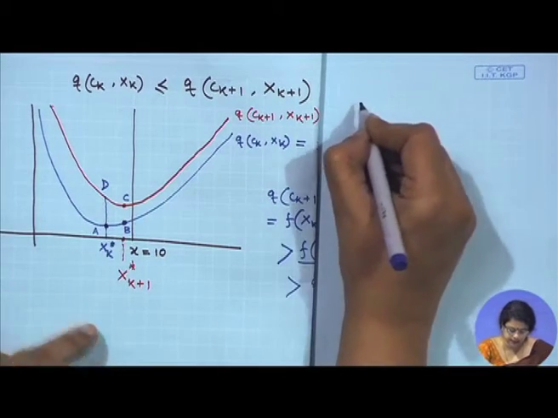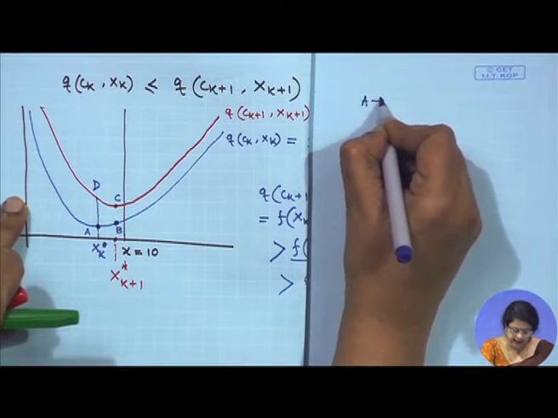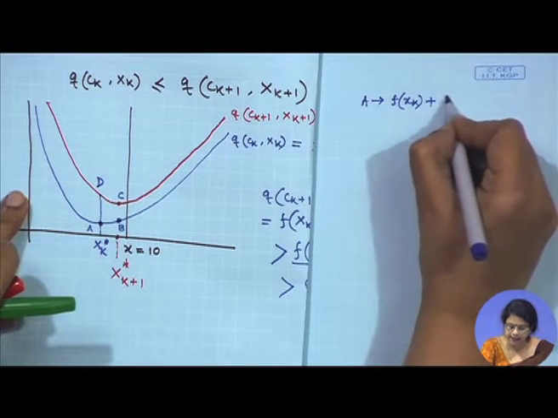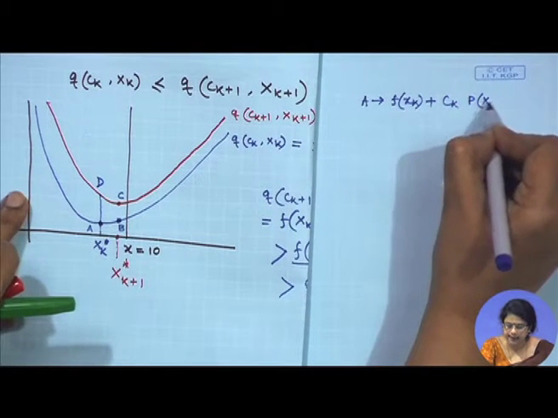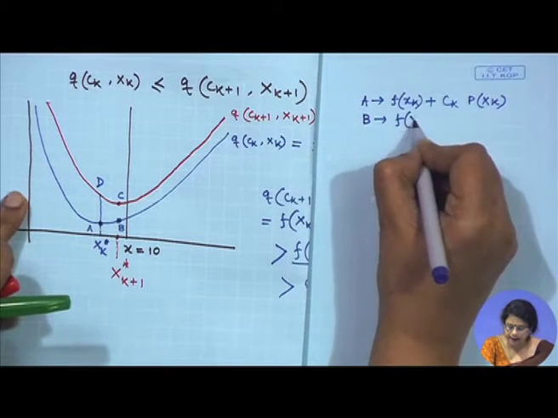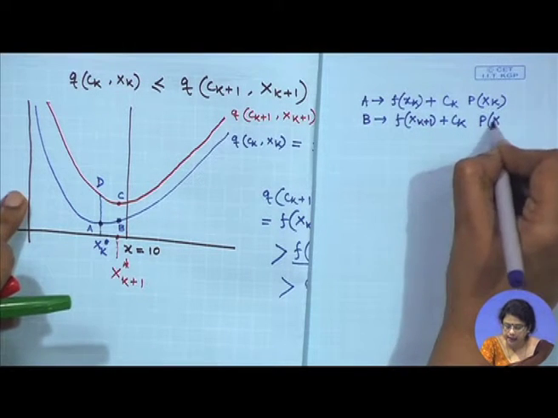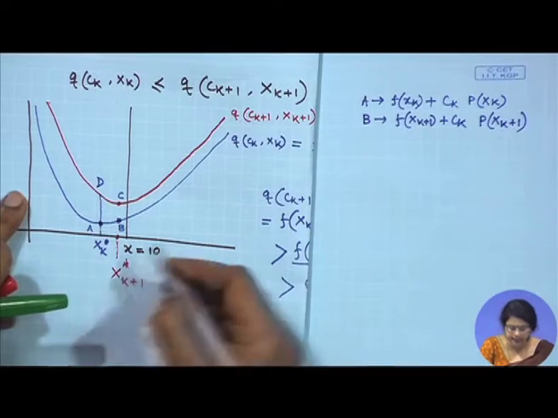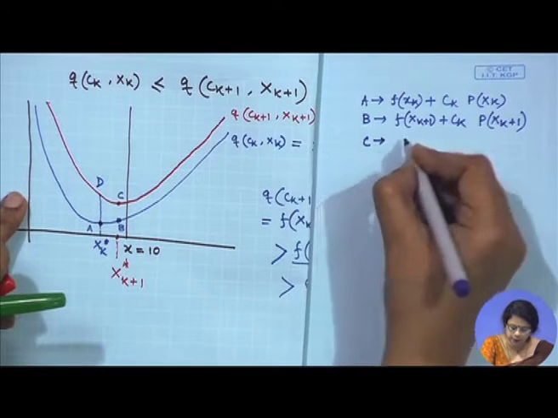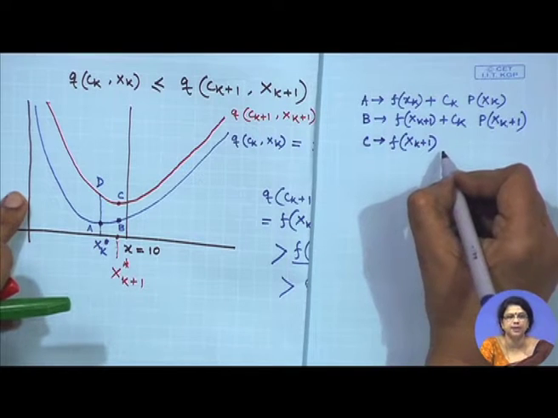then what is the value at A? Value at A would be f(x_k) plus c_k p(x_k). Value at B would be f(x_{k+1}) plus c_k p(x_{k+1}), because B is in the same curve. Similarly, the value at C would be f(x_{k+1}), that is the optimal solution in the next iteration.